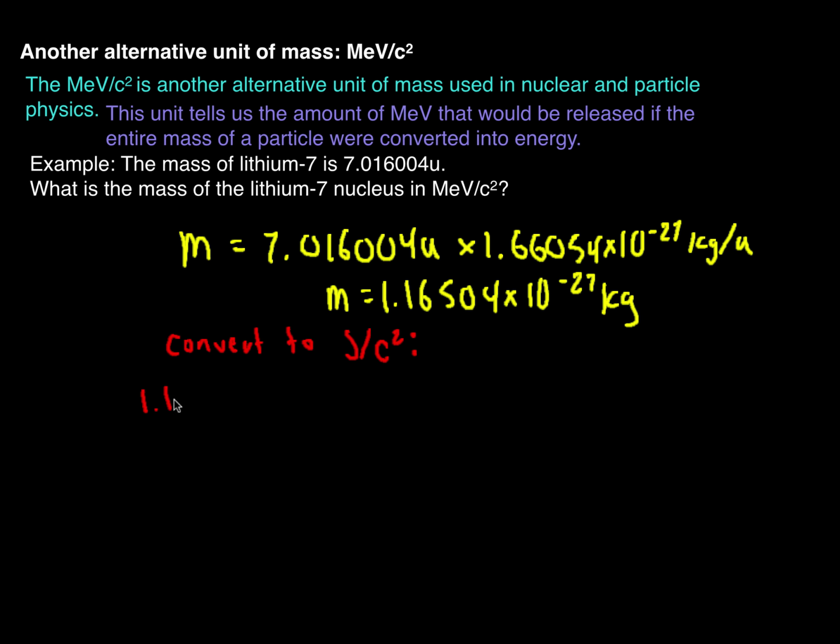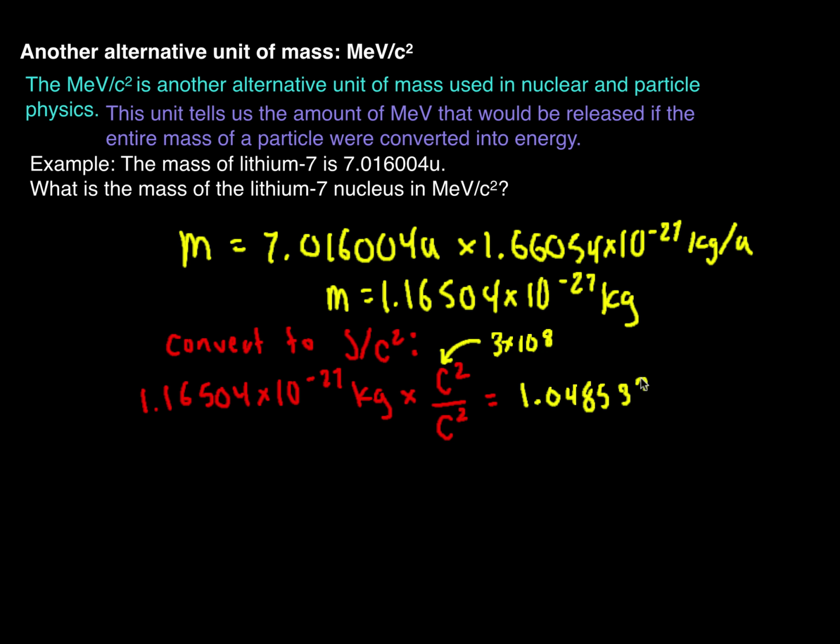If we multiply the mass of the lithium nucleus, 1.16504 times 10 to the negative 27 kilograms, by c squared over c squared, which is essentially just multiplying by 1, and only one of the c squareds is turned into a number, 3 times 10 to the 8, and then squared, the other c squared is left there to make the unit look pretty, we get 1.048532 times 10 to the minus 9 joules per c squared.